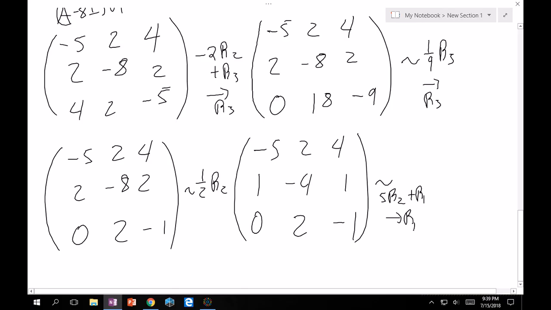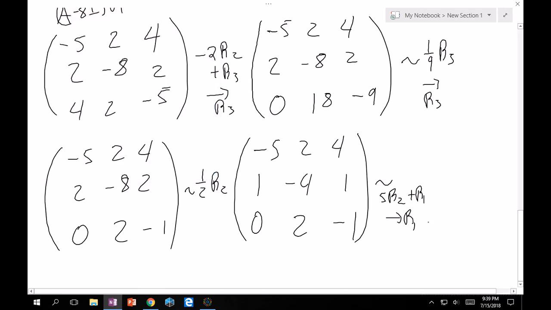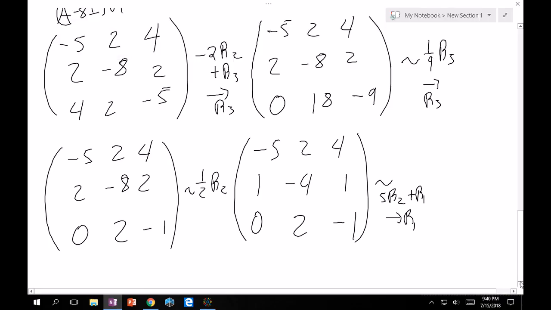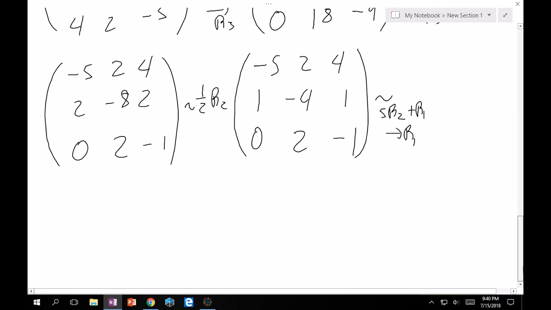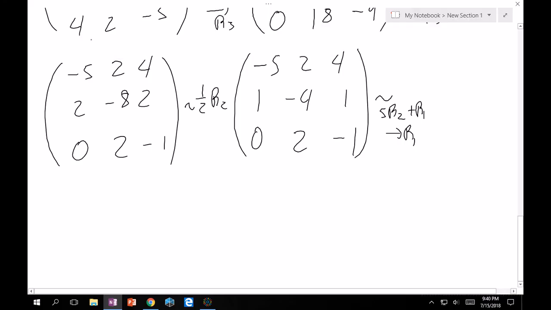So, and then to go from there, to keep going, giving myself some more space coming down here. In this row reduction, the first row is affected, which means second and third are not. So 1, minus 4, 1, 0, 2, minus 1.